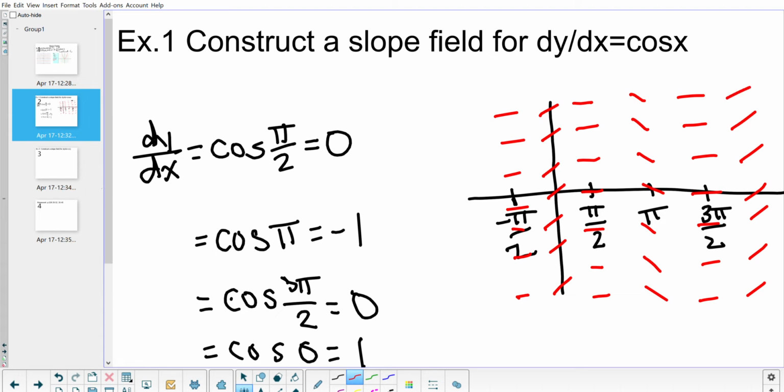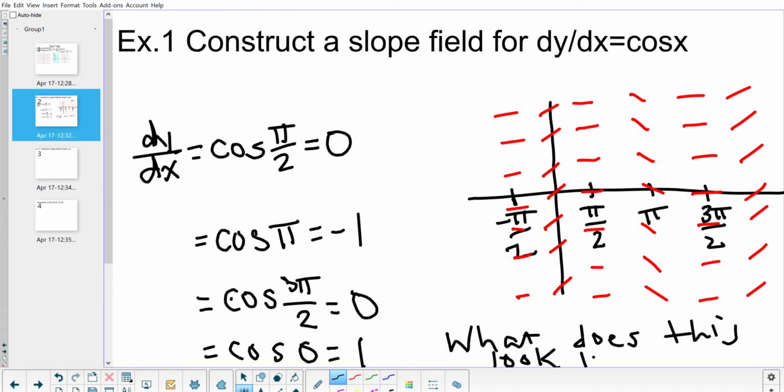Okay, so a big question I have for you is, what does this slope field look like? As you're thinking about that, if you were to draw a function in there, you start following it and it's got this wave.